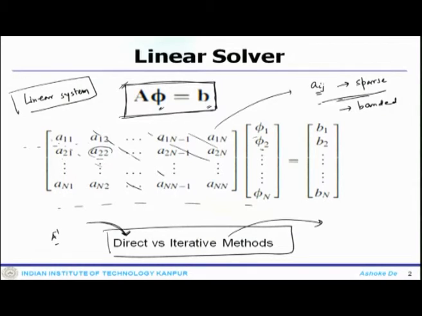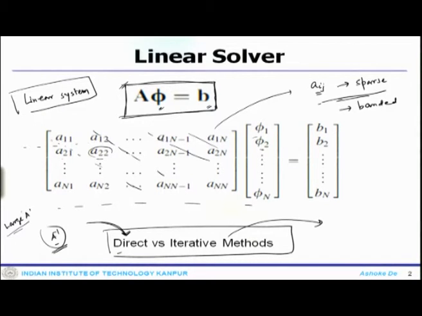Now, when you go to the direct approach, how you can solve it? Basically you can get the direct inverse. So, now that immediately gets you some sort of a problem. When you have a large A, then getting that inverse is computationally very expensive. You require large memory, you require heavy computing power.